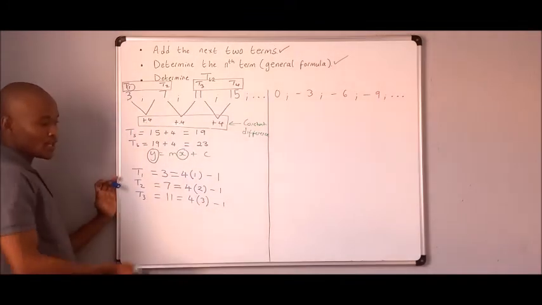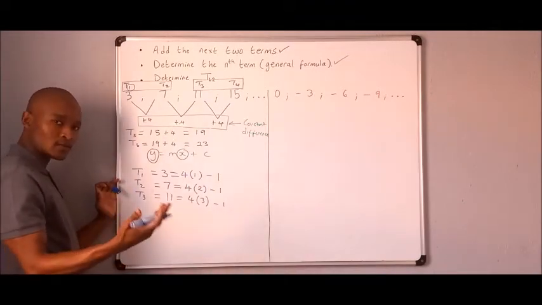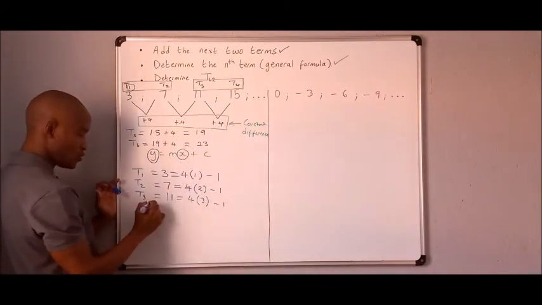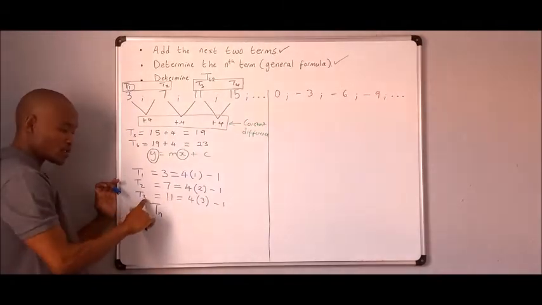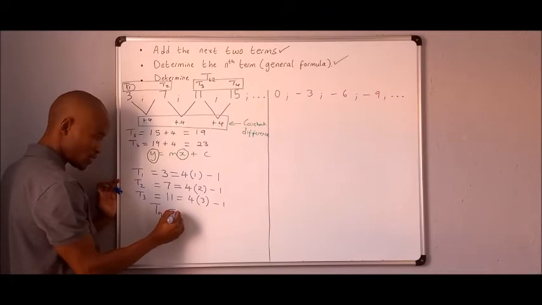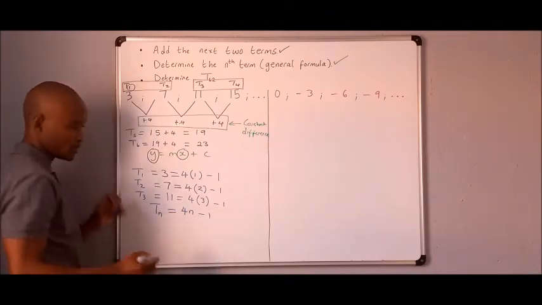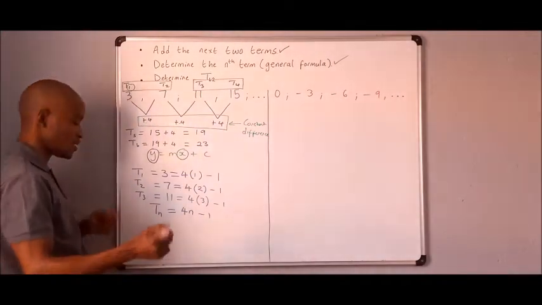So then we can make a deduction as to what the general formula would look like. The nth term will be Tn, n being the position of the term, is equal to 4n minus 1, because that is the relationship that we see.